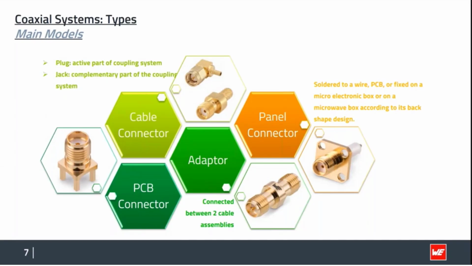We have different cable connector styles, adapters, and we have panel connectors not only for soldering to a wire, but also for the use in microwave boxes according how the back shape design is realized. So in this case, of course, it can be very helpful and make your life easier.